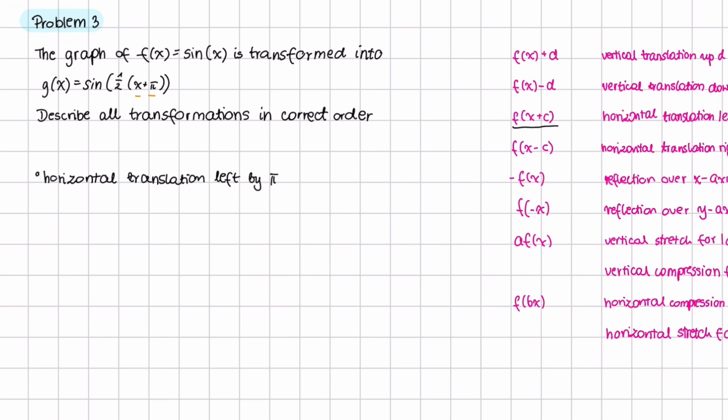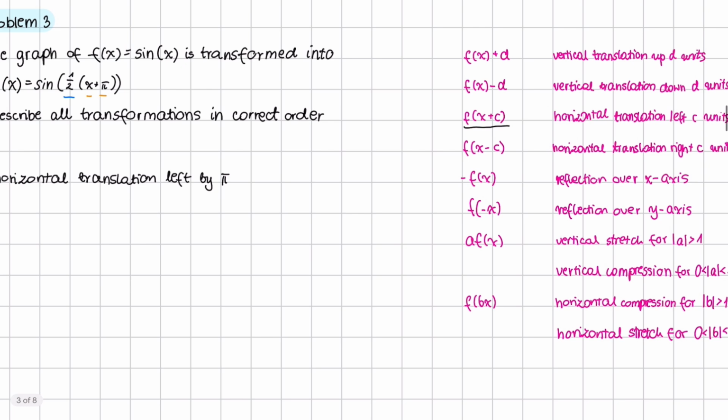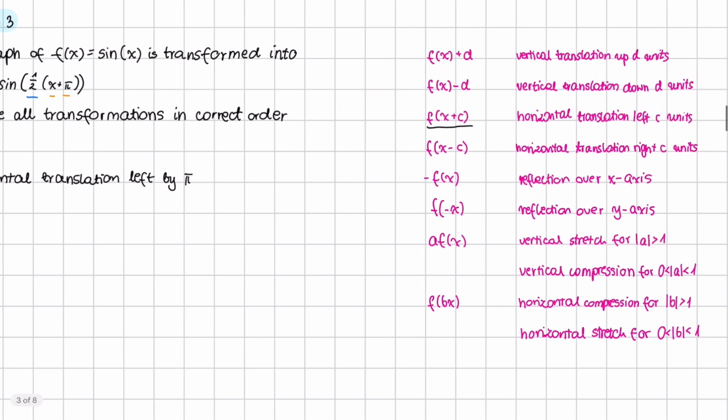And after this horizontal translation, here we have 1 over 2. So we can observe that this is in front of our x, and we have 1 over 2.